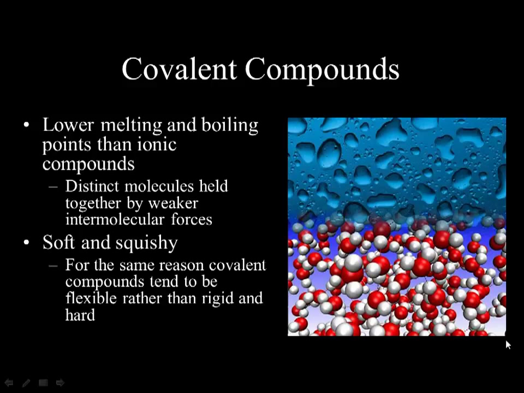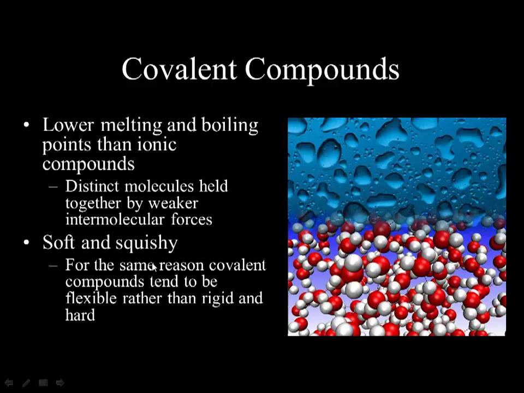So there's the attraction of the molecule within itself, which is intramolecular, and then there's the attraction of one molecule to another molecule, which is intermolecular. Because of the weakness of that force, we see lower melting and boiling points.